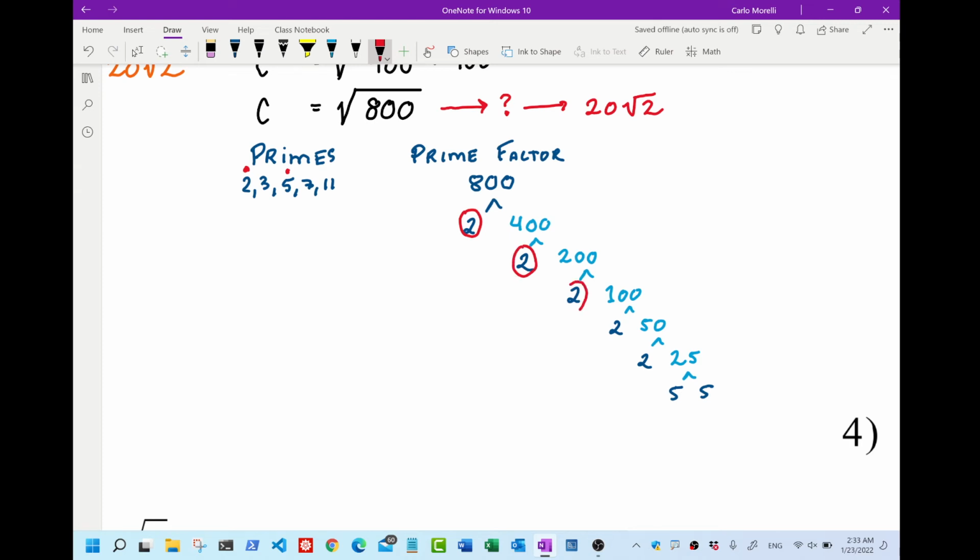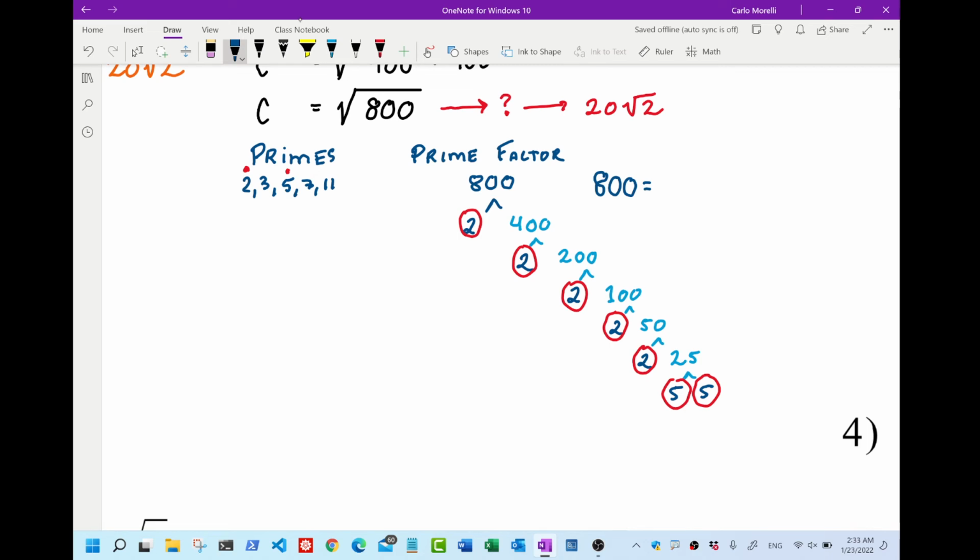How many 2's are there? 1, 2, 3, 4, 5 2's, and then 2 5's. Okay, so those are your numbers. And what this means when you prime factor like this is it means that 800 is actually equal to the product of the primes.